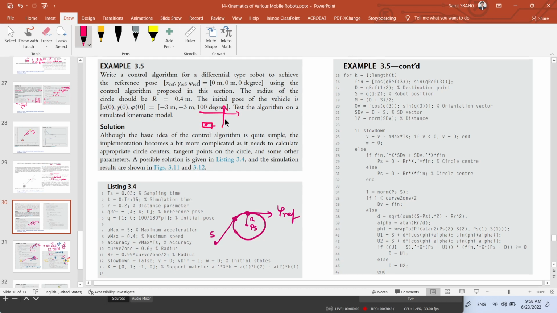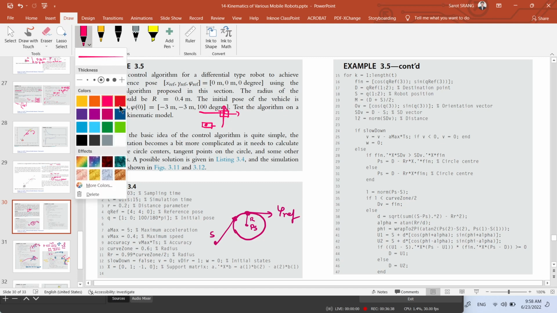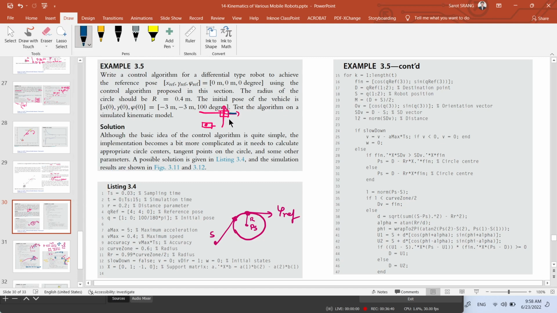Okay, and then we want it to be here at 0, 0 with this direction. So it moves from here to here, in a way that before it reaches the goal, it must move along a circle arc, a segment of a circle with radius 0.4 meter.